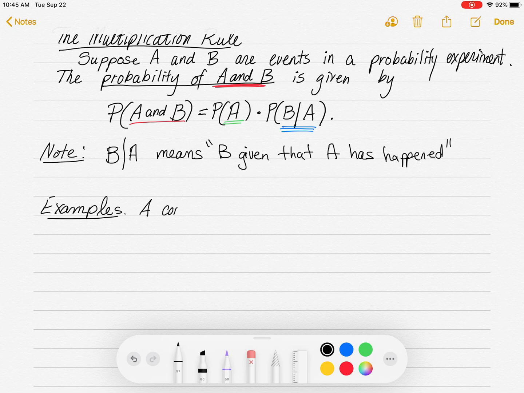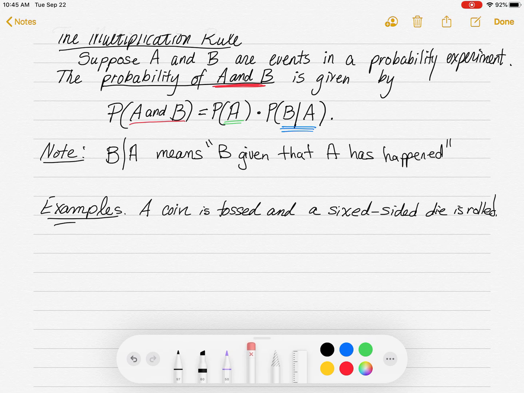A coin is tossed and a six-sided die is rolled. Determine the probability of getting the following.